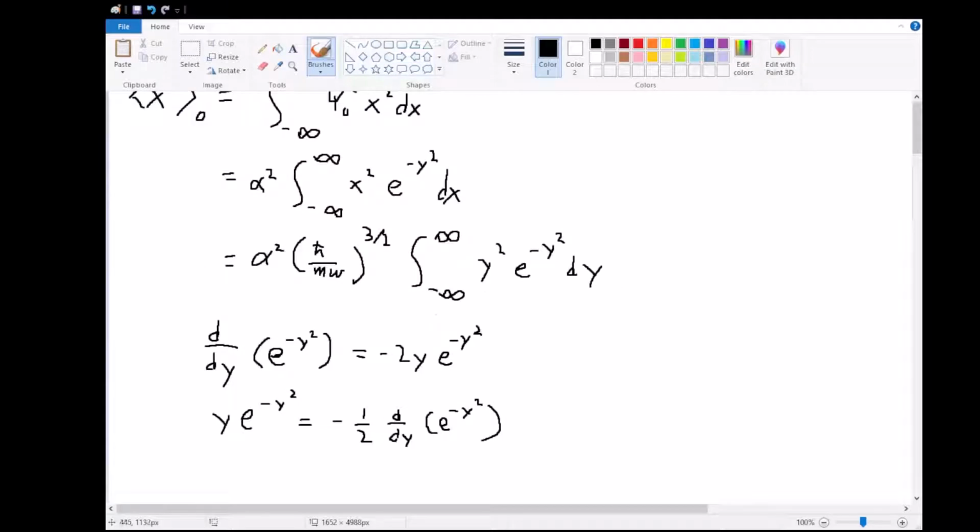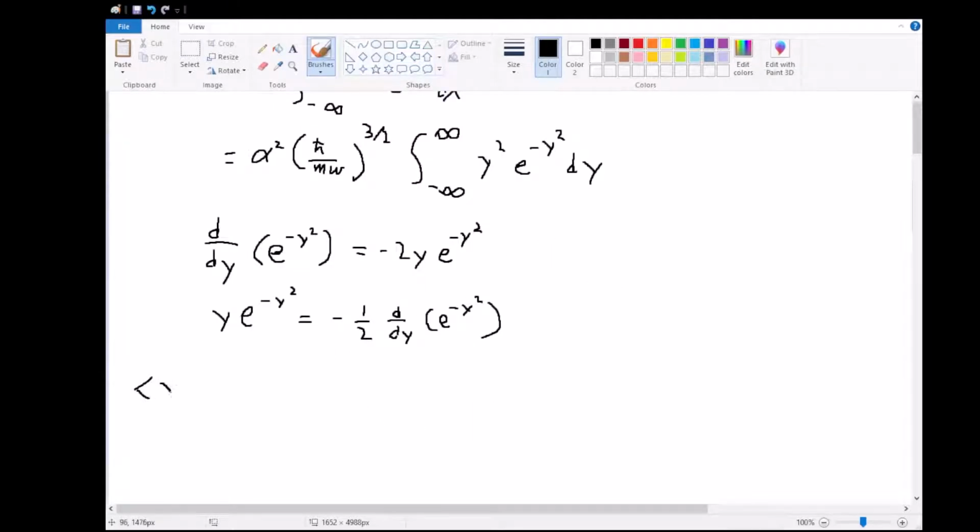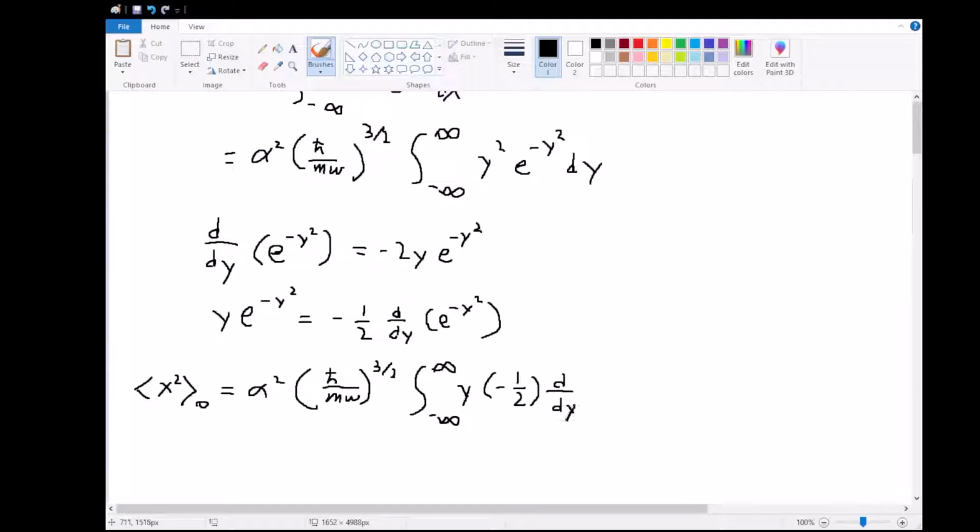So we can rewrite this as the expectation value of x squared in the psi naught state to equal the same constant terms at the front, so alpha squared h bar over m omega to the power of 3/2, but this time evaluated with an integral from negative infinity to infinity of y multiplied by negative 1/2 times d by dy of e to the negative y squared dy.